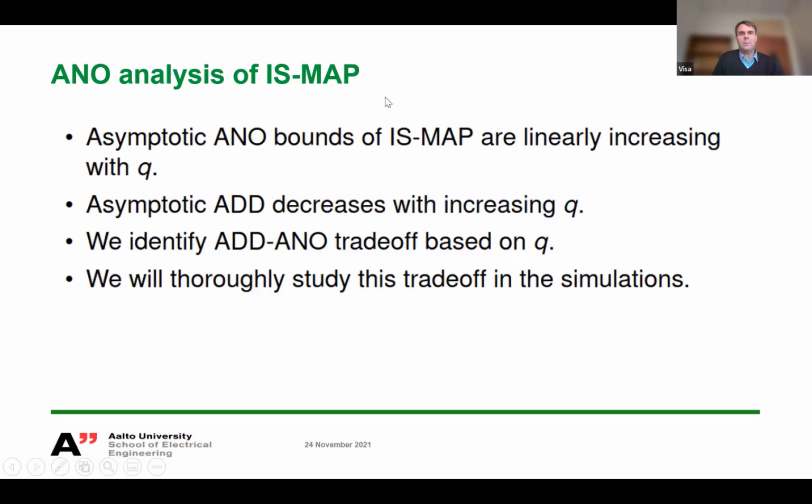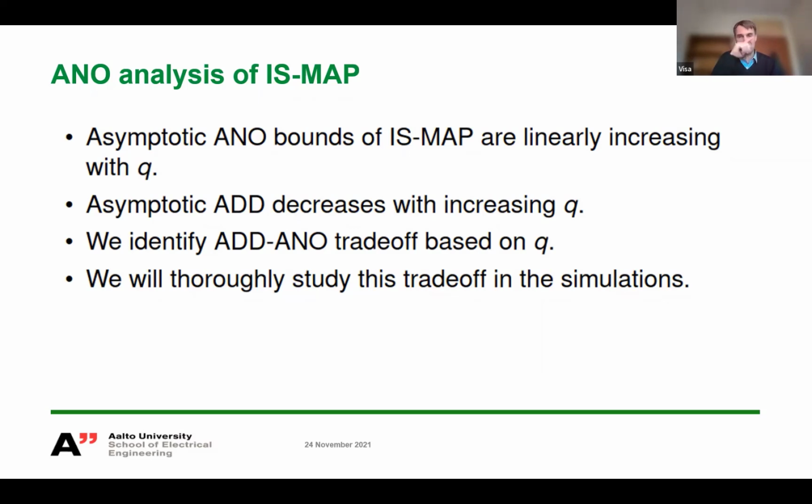As a result of these analytical studies, the asymptotic average number of observation bounds are linearly increasing with Q. On the other hand, the detection delays are decreasing with increasing Q. And therefore, there's a trade-off between these two.